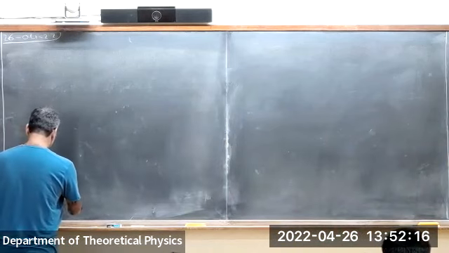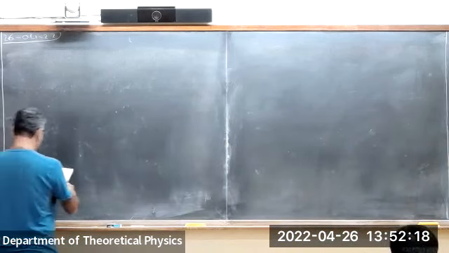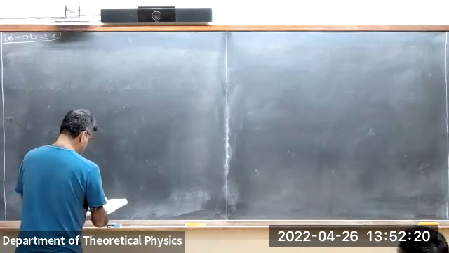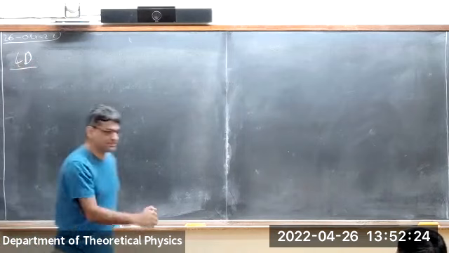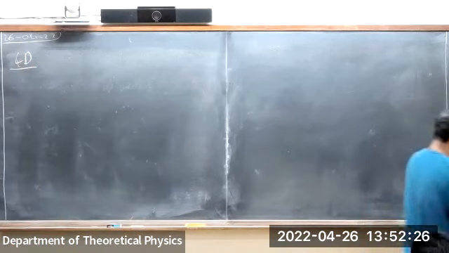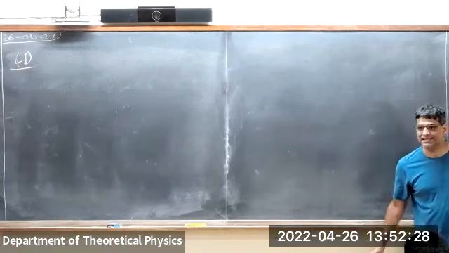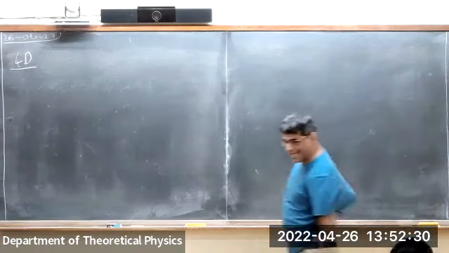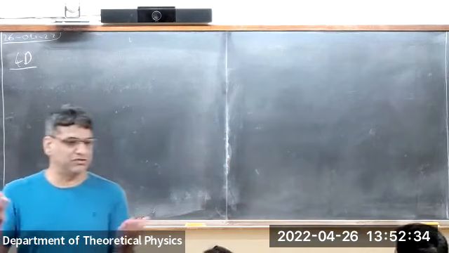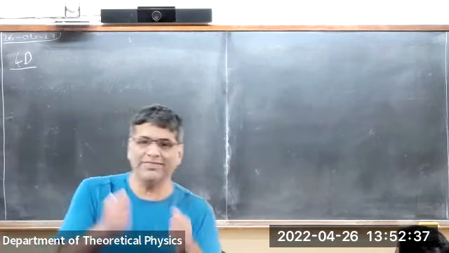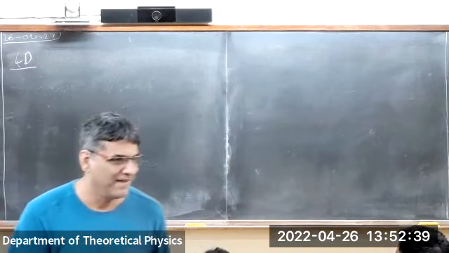So consider 4 dimensions. We're in 4-dimensional space, and in order to make a superspace, you remember that in the basic version of supersymmetry, we had 1 theta and 1 theta bar.